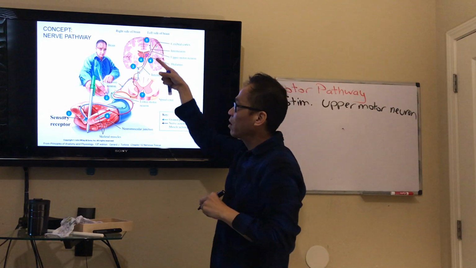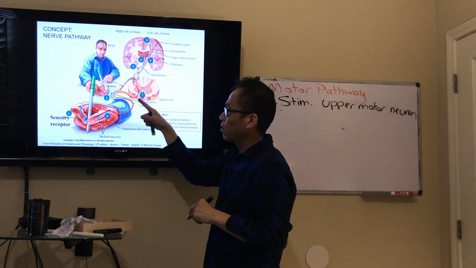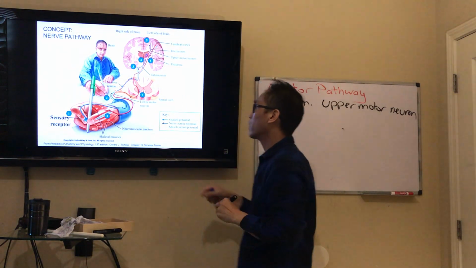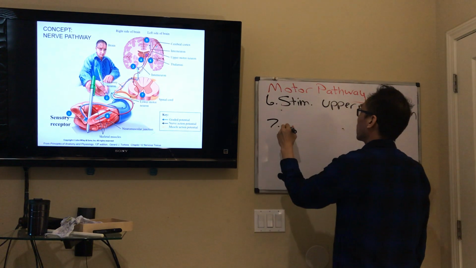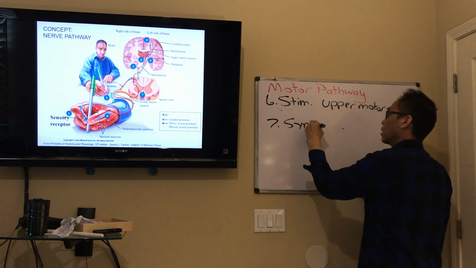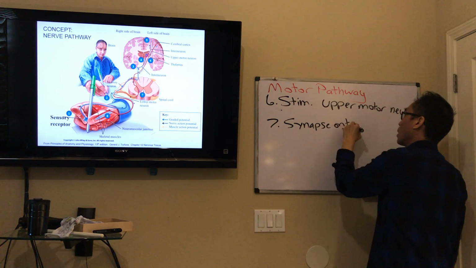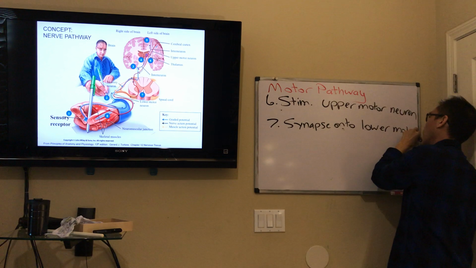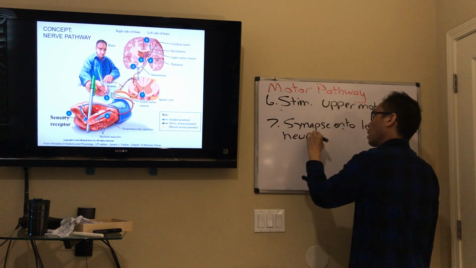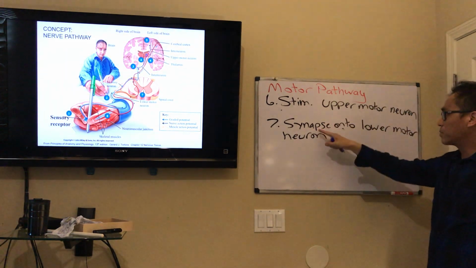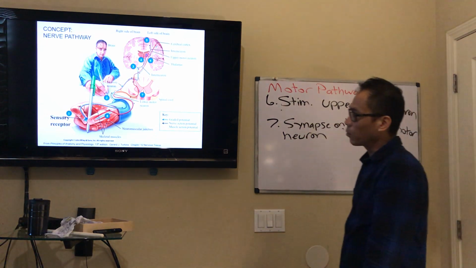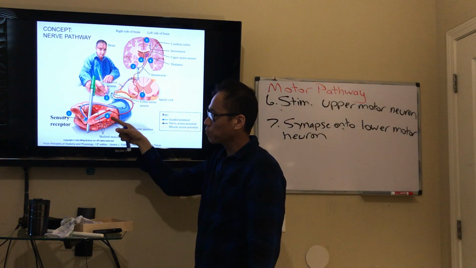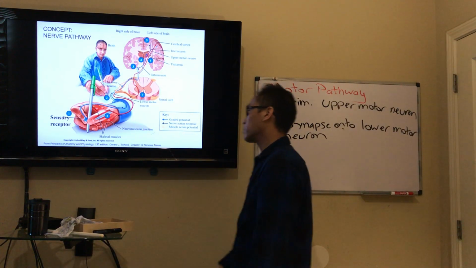That upper motor neuron comes all the way down to the correct spinal cord level. And number 7, it's going to synapse to the lower motor neuron. So the upper motor neuron synapses onto the lower motor neuron. And then for number 8, the lower motor neuron is innervating the correct hand muscles.